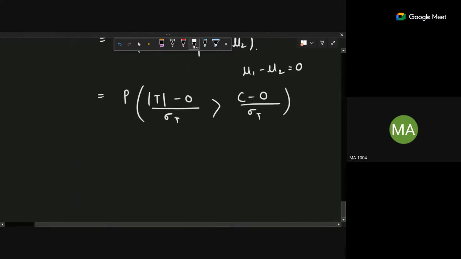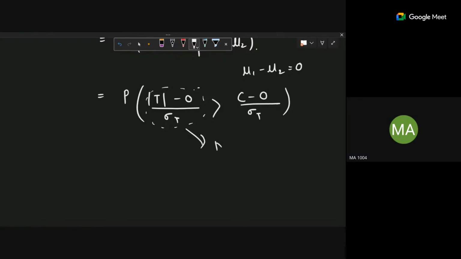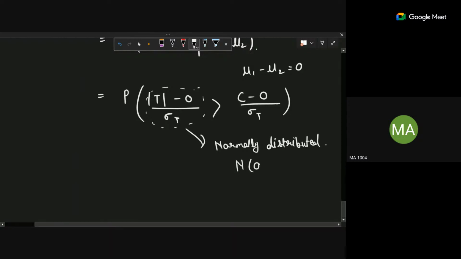So do you remember such things? Now it is a normally distributed variable with mean 0 and variance 1, right?